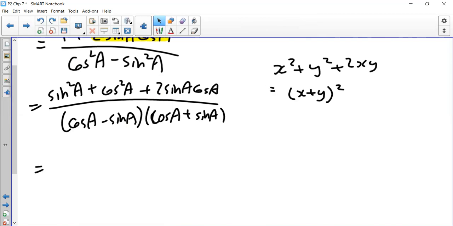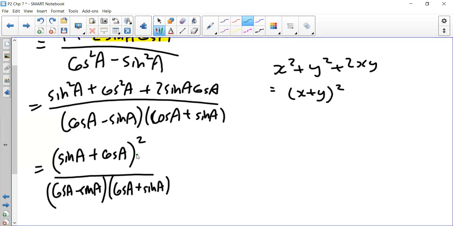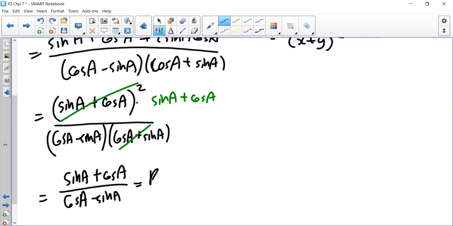So I can make the top into sine A plus cos A squared over cos A minus sine A, cos A plus sine A. And then you realize these two brackets are the same, so that will leave you with sine A plus cos A without the square. And that bracket will be gone. And that equals sine A plus cos A over cos A minus sine A, which equals the right-hand side.